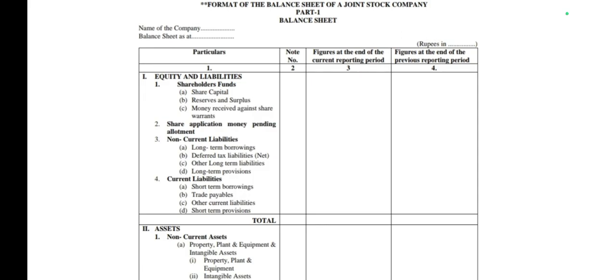So on the top you write the name of the company, then the date for which you are preparing the balance sheet, and then on the right corner you express the rupees, because you may show the rupees in lakhs, in thousands, in hundreds, so the figures can be represented in that way also.